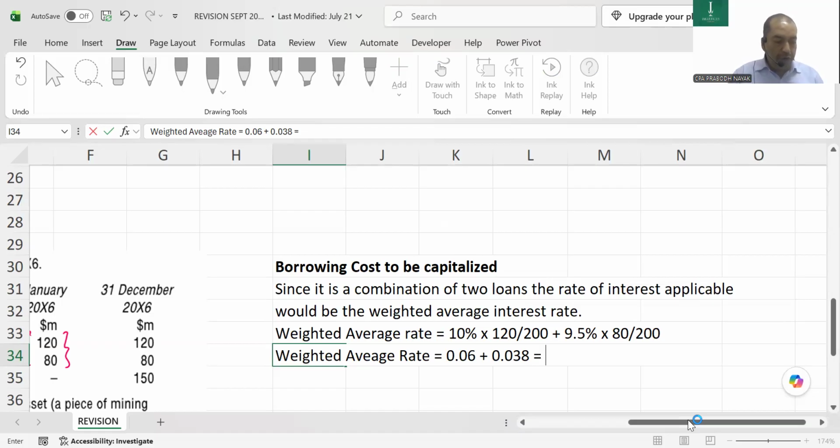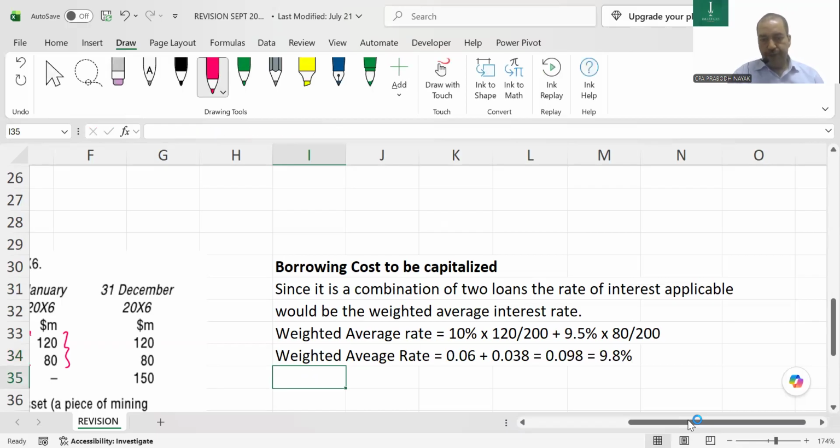So I'm getting 0.098, that is equal to 9.8%. So the weighted average rate is 9.8%. Borrowing cost is equal to what we have done.